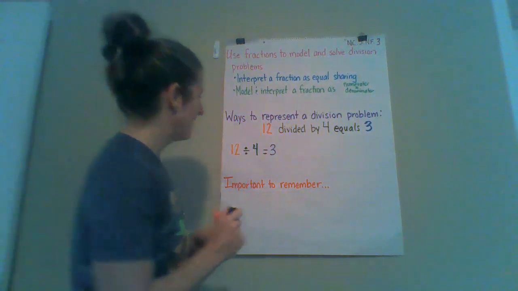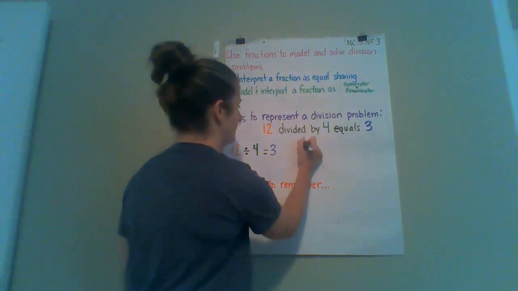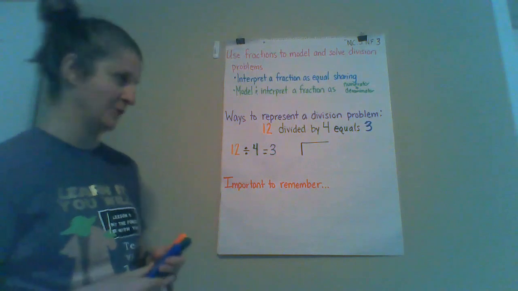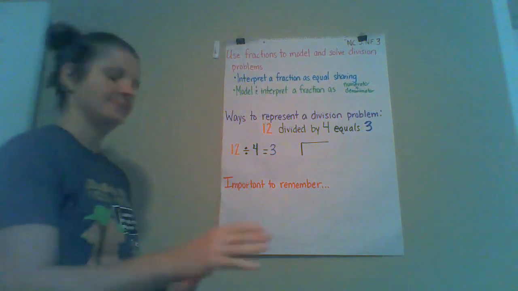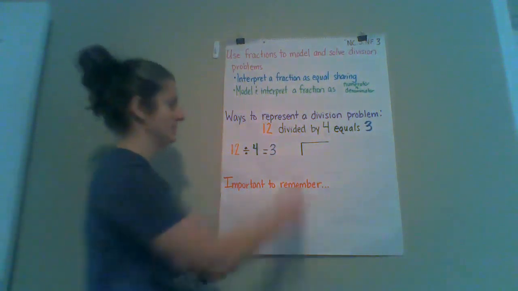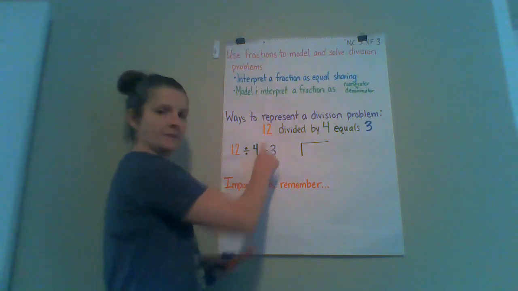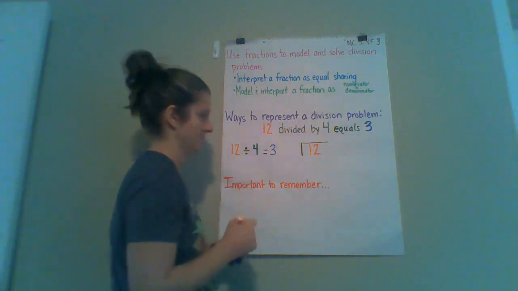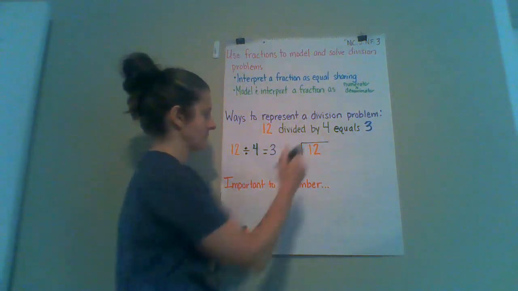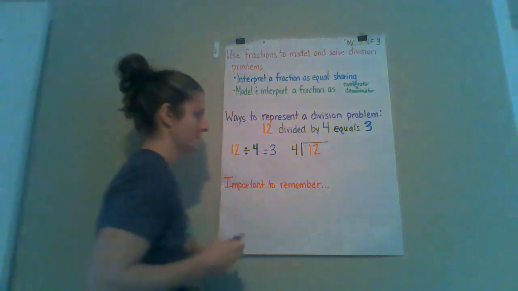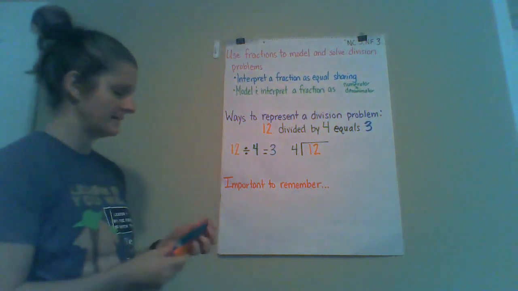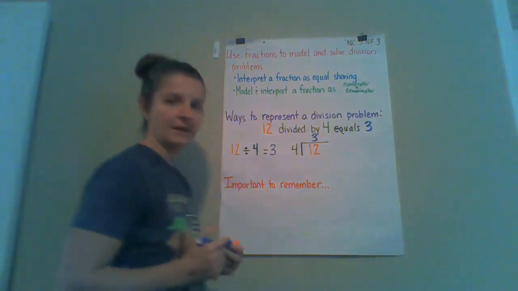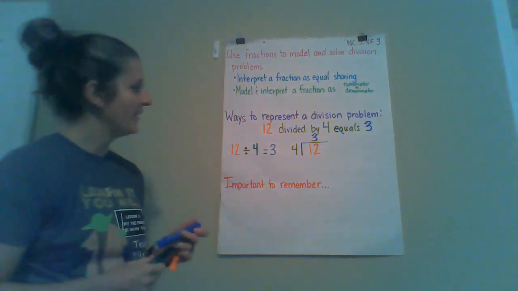You may have also divided with what we like to call the house sometimes, right? And when we think about using it as a division symbol, this number, or dividend, goes inside. Our divisor goes outside, and our quotient on top, right?